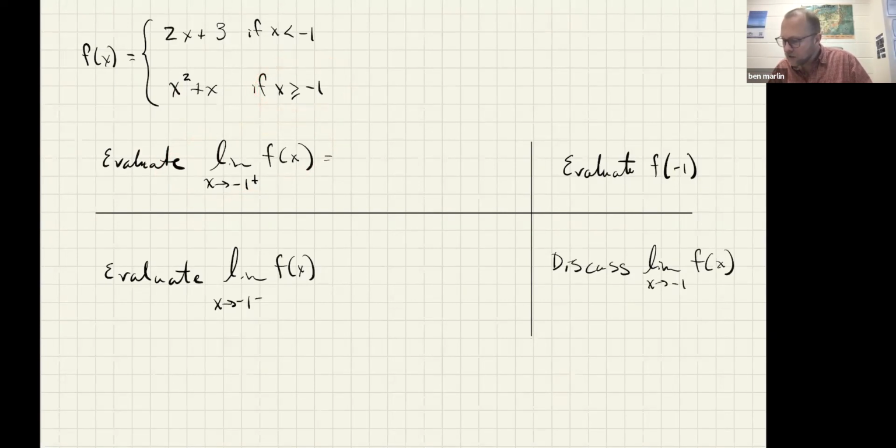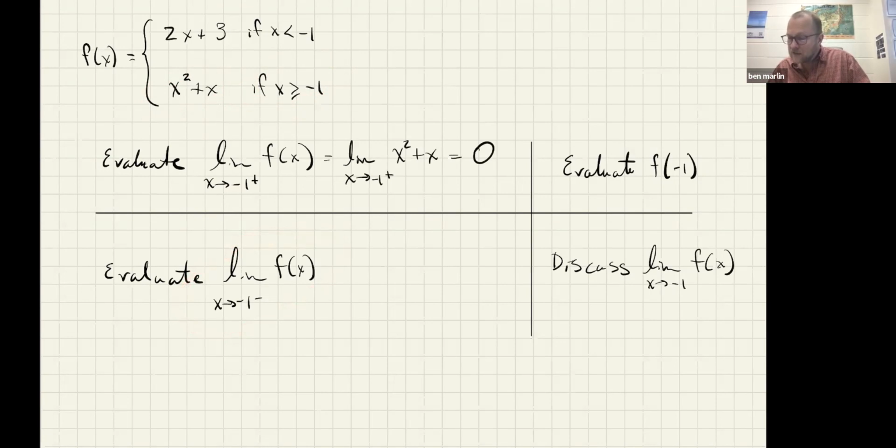So I'm allowed to take the limit as x goes to -1 from the right of the x squared plus x. And that is going to turn out to be equal to 0 because it's just +1 and then plus the -1.